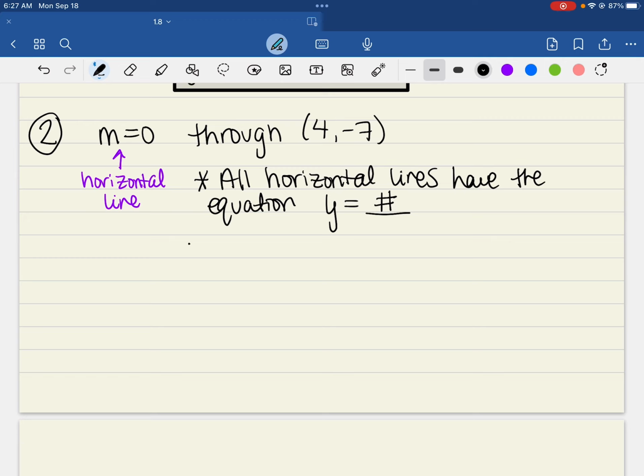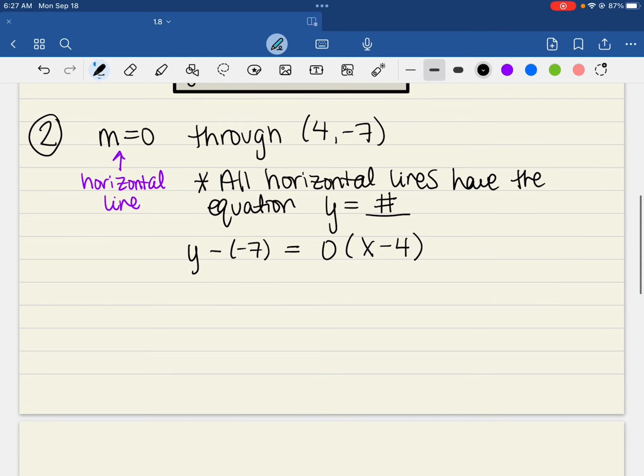So y minus a -7 equals 0 times x minus 4. Well, we get the double negative. And on the right side, I know I said to leave it in point slope form unless you have a double negative.